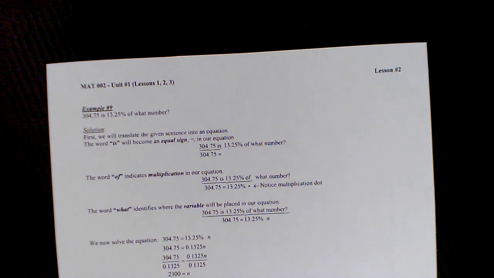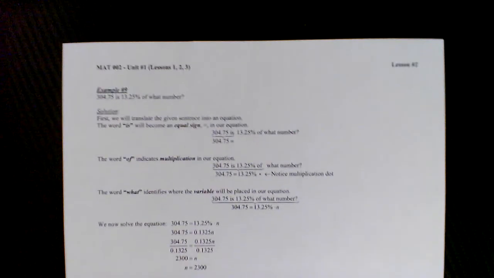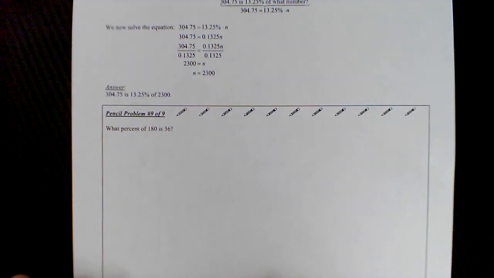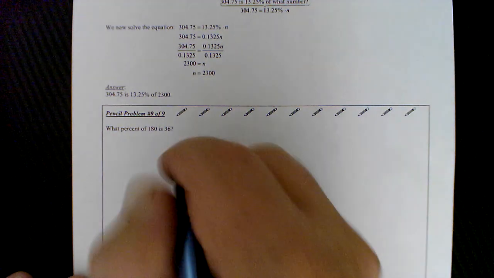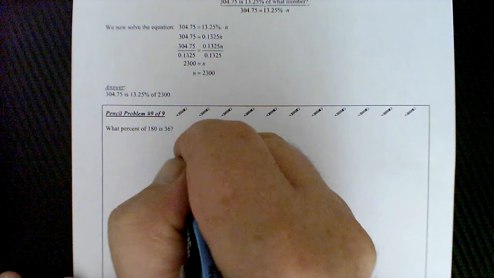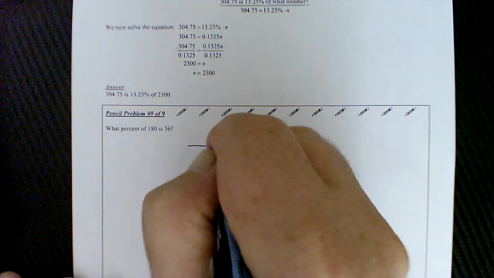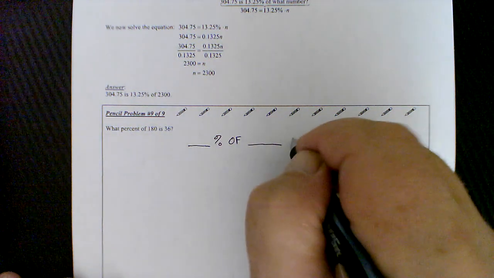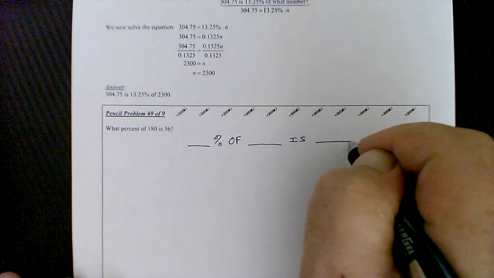You could read through the example on your own, but it uses the same concept. And to the pencil problem, I recognize it as a percent problem, and so I'm going to write down my standard sentence. At all times, you could just say blank percent of blank is blank.